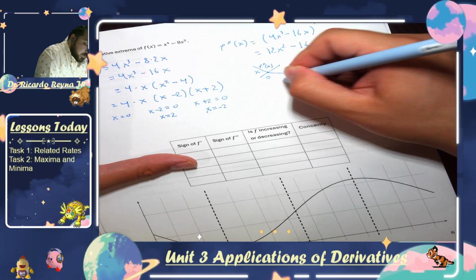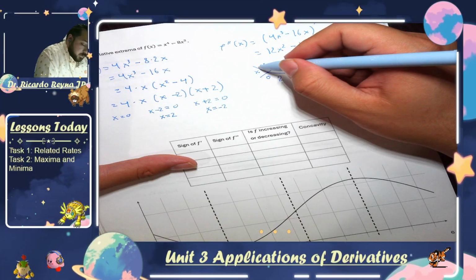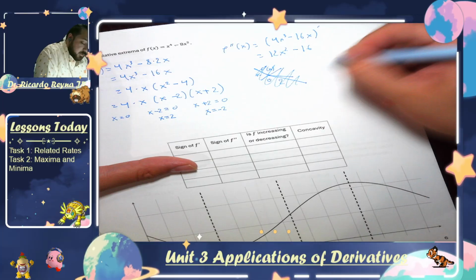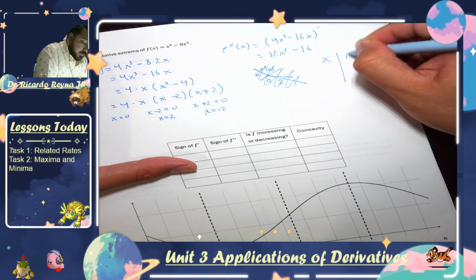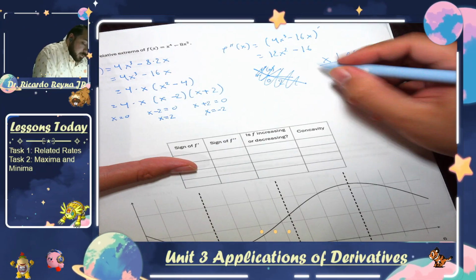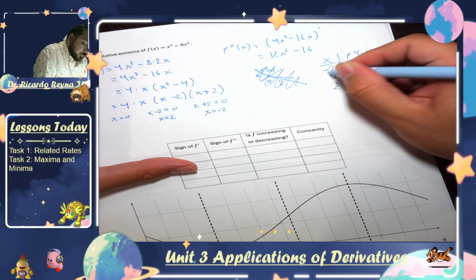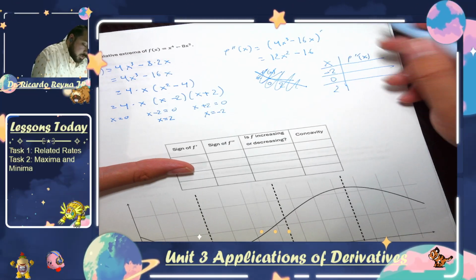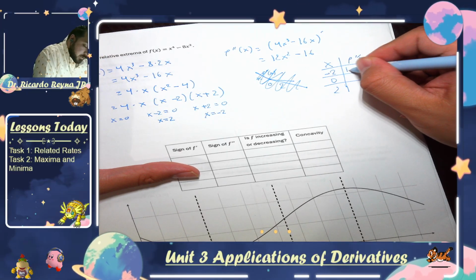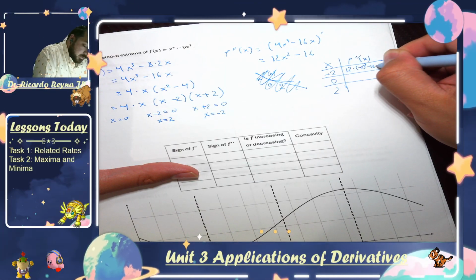I don't know why I was gonna do a table side by side. That just makes it ugly. Negative 2, 0, 2. So plug in here. Let's see. 12 times a negative 2 squared minus 16.